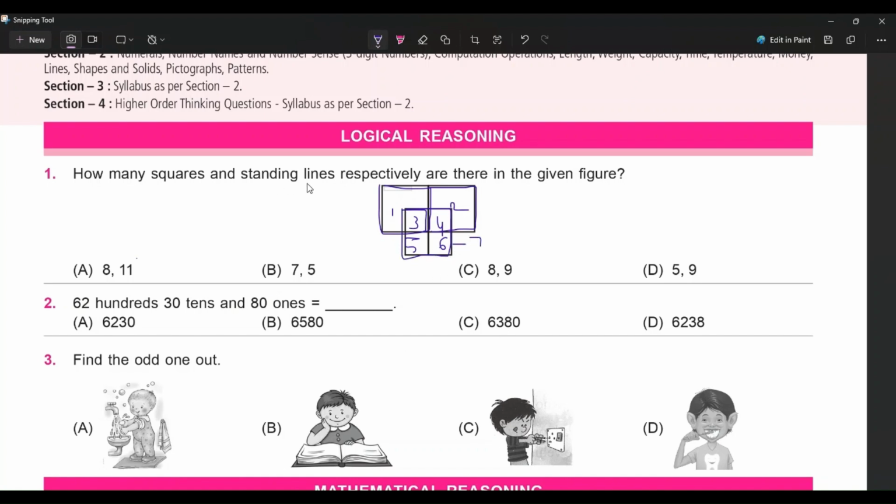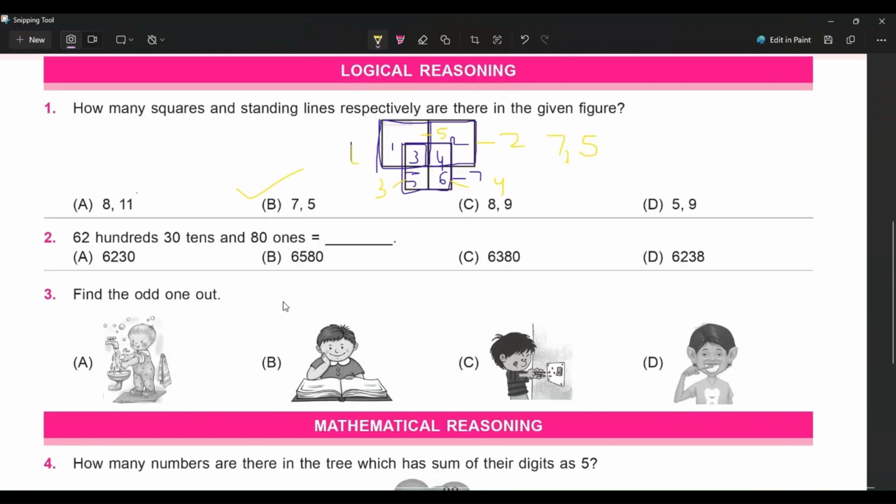So how many standing lines are there? 1, 2, 3, 4, and the middle one is 5. So there are 7 squares and 5 standing lines. Option A, 8 and 11, is wrong. Option B, 7 and 5, is the right answer.